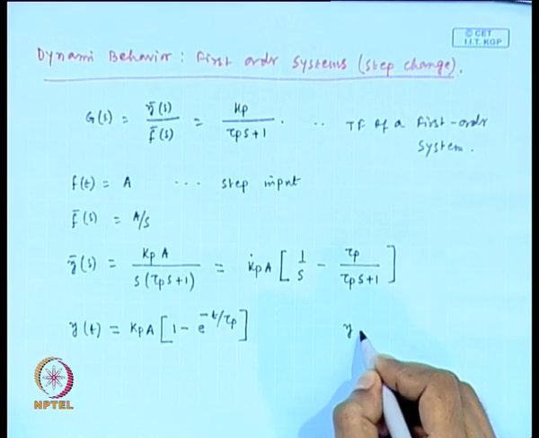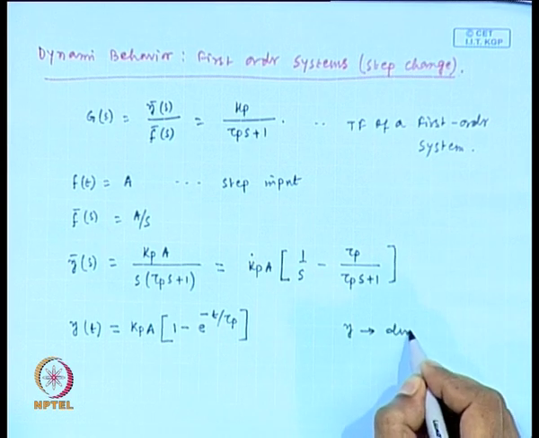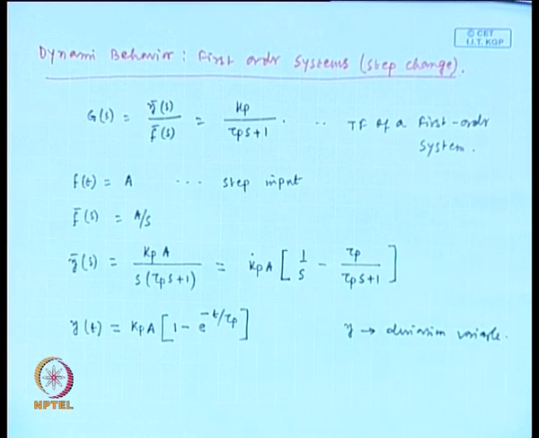Now, here y is the deviation variable. Fine. Now, in the next class we will discuss the graphical representation of this system, I mean first order system subjected to step input. Thank you.